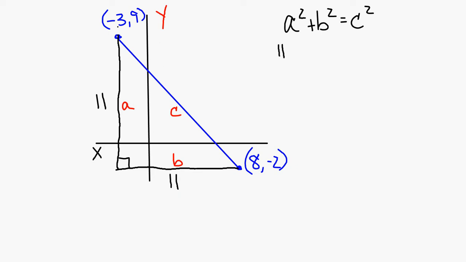You type 11 and the x squared button, and you push plus 11 and the x squared button again, and you push equals. 242. 11 squared plus 11 squared, 242 equals C squared. Leave it sitting there on the screen.